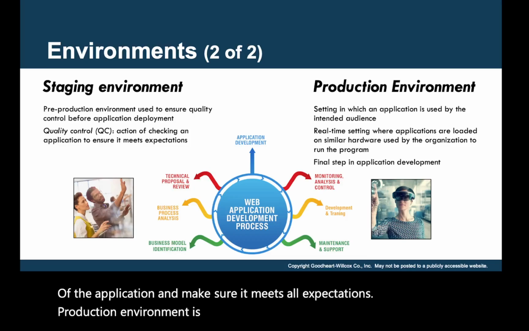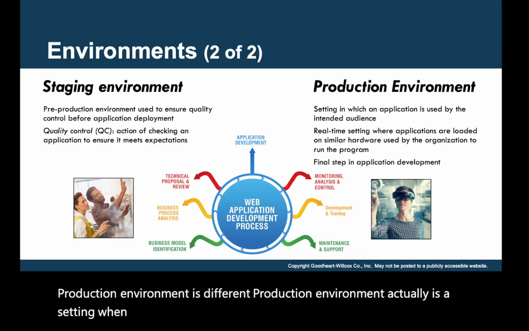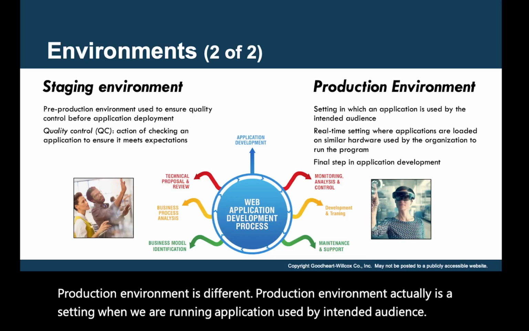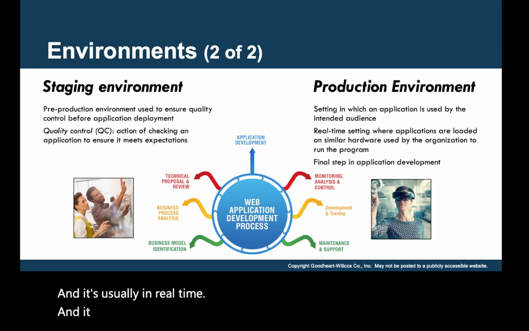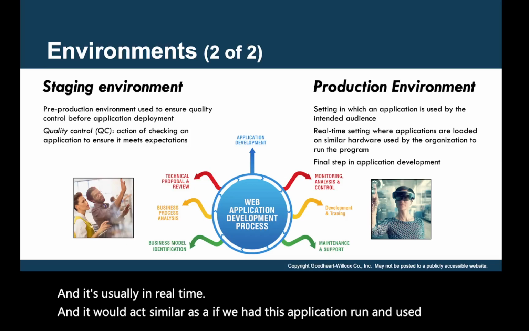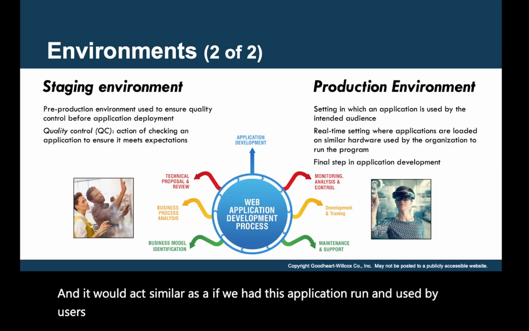Production environment is a setting where we run the application used by the intended audience, usually in real time, and it would act as if the application were run and used by users. It's usually the final step of the application development process.